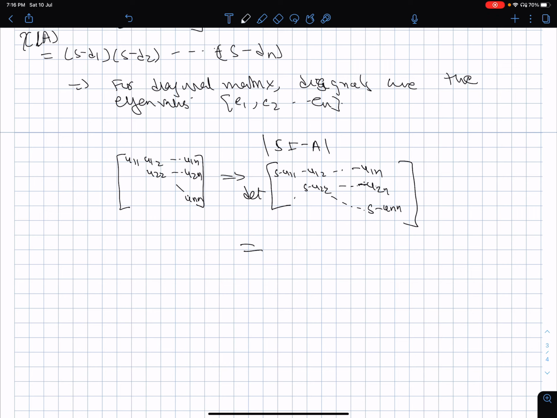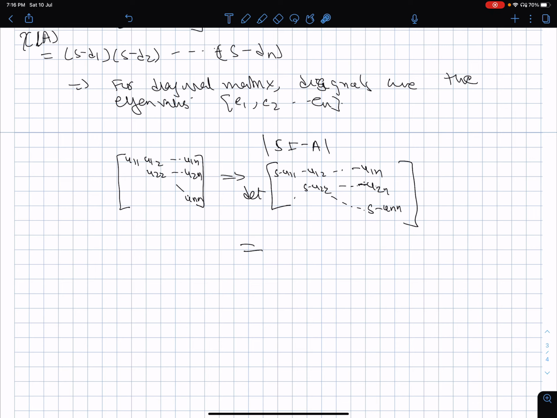Now if you look at the determinant of this, which will give you the characteristic polynomial, you expand the determinant.